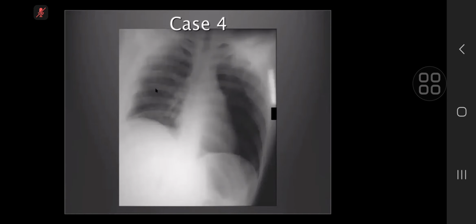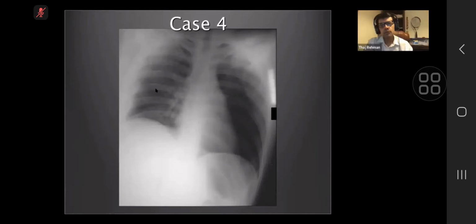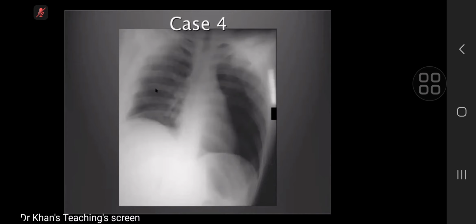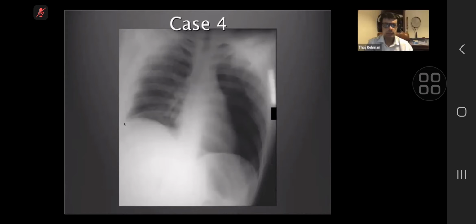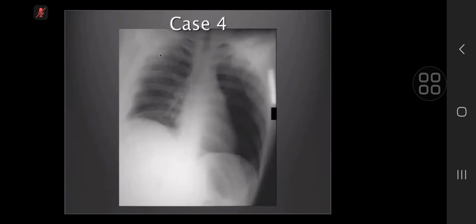So again, on this frontal radiograph, the left lung is hyperlucent compared to the right. There's a linear opacity projected over the pleural surface on the right.